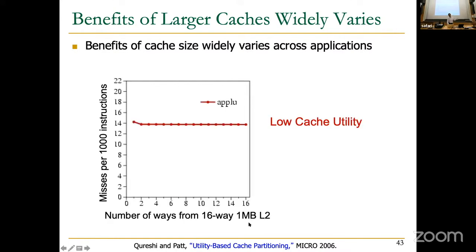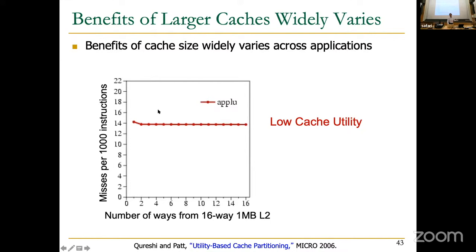So this is real data measured in some paper, as you can see over here. This is the number of ways from a 16-way 1 megabyte L2 cache. If you use only one way for this application, the miss rate, misses per 1,000 instructions, is almost the same as when you use 16 of the ways for that application.